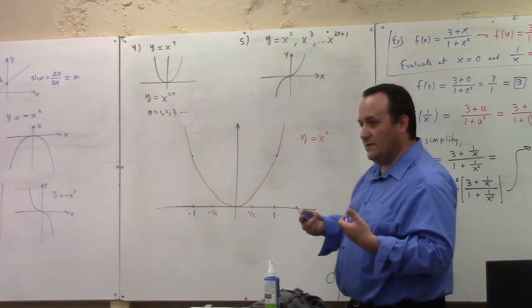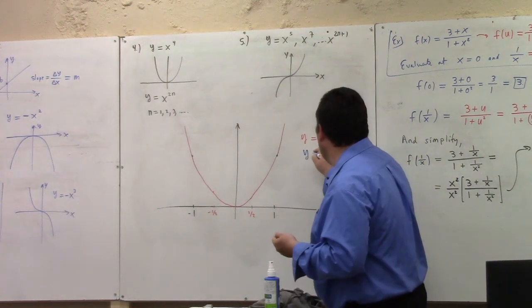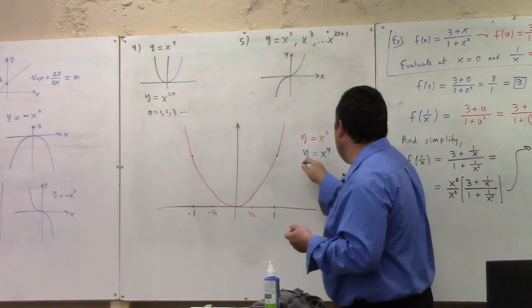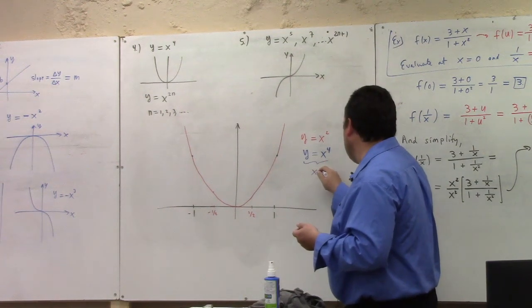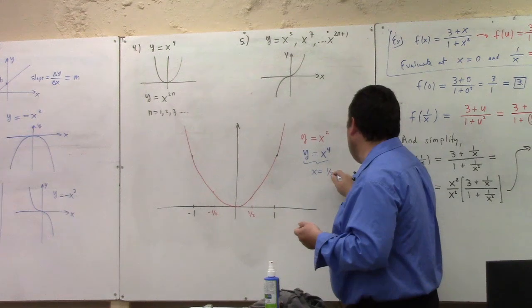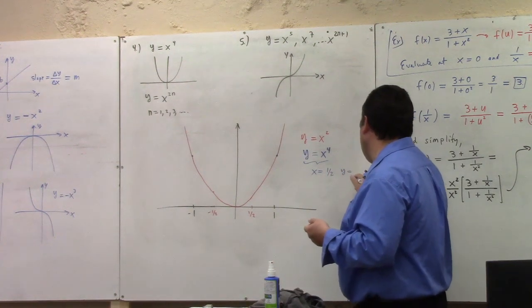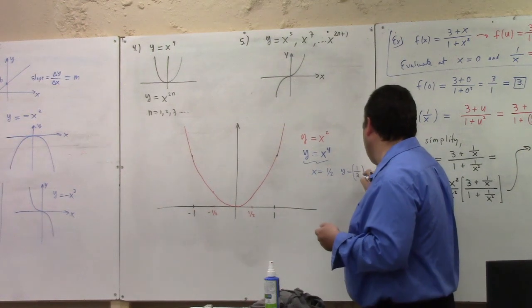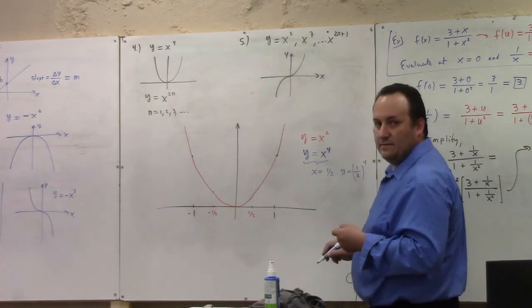What happens when we, so if we put, for this one, if we put x equals 1/2, what's y equal to? One half to the 4th, which is what?